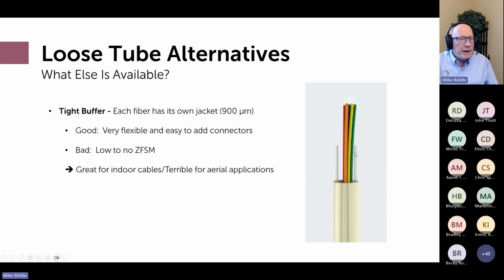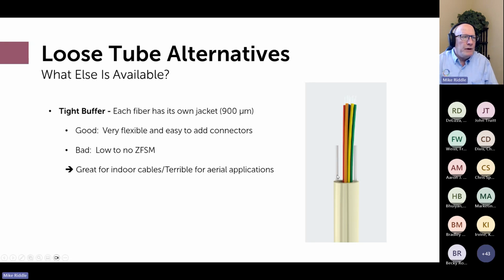But the bad news about them is that the zero fiber strain margin is low to no, meaning a zero fiber strain margin of 0. It's not easy to strand these individual units themselves, so you can't get EFL from stranding, and you don't have EFL in the tube because it's the fiber just directly jacketed.